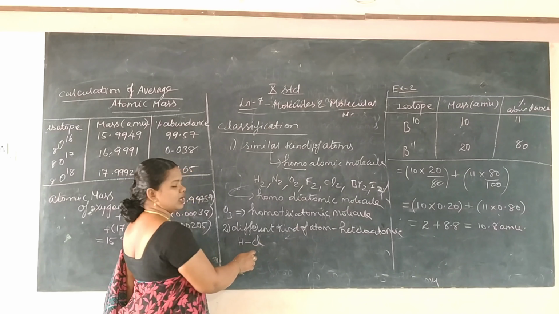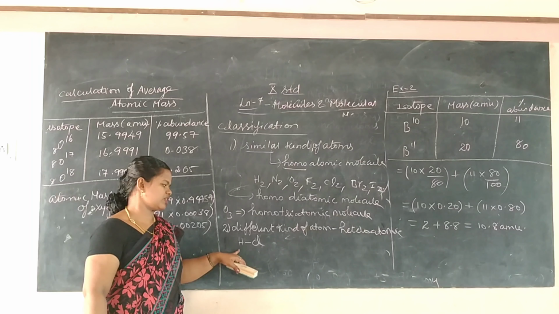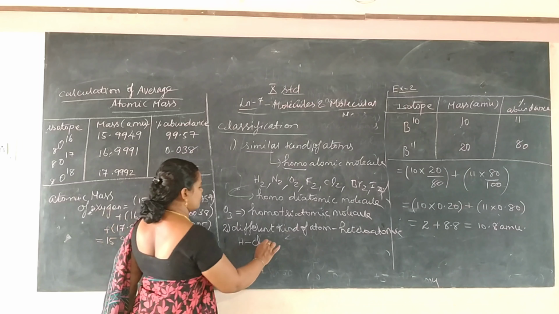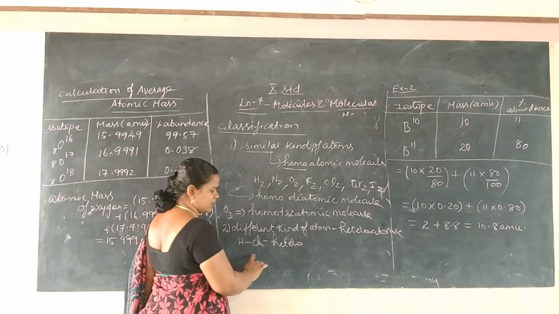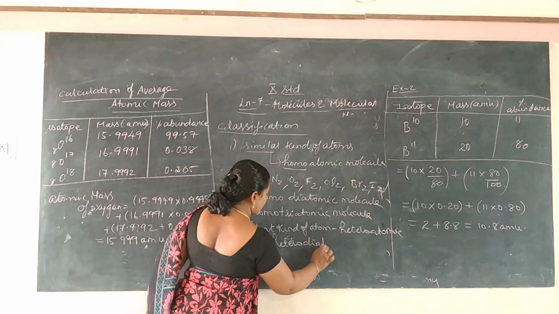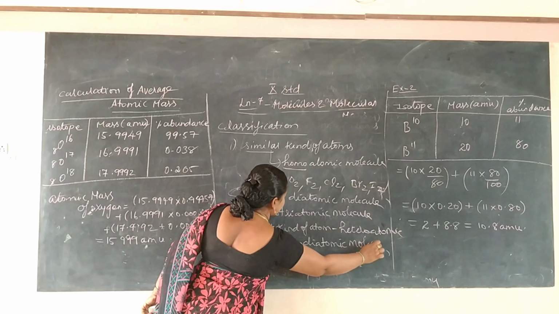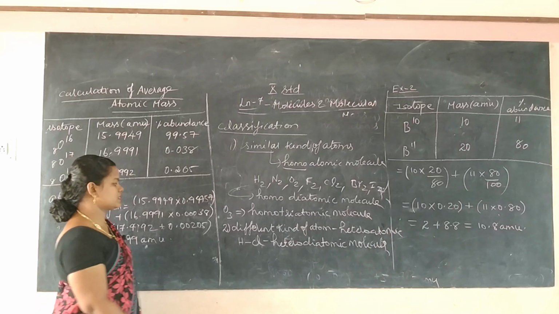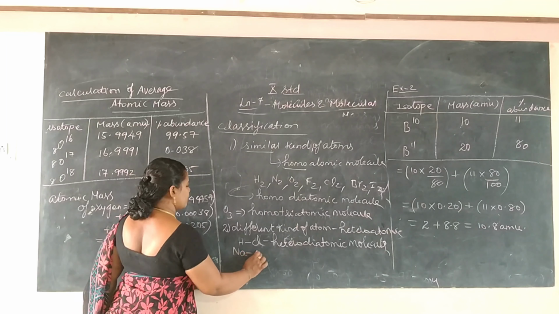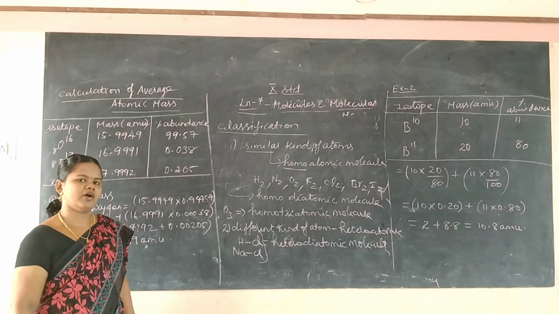Two atoms are present, one different from the other. So HCl is an example of a heterodiatomic molecule. Another example of a heterodiatomic molecule is NaCl, sodium chloride, the common salt.